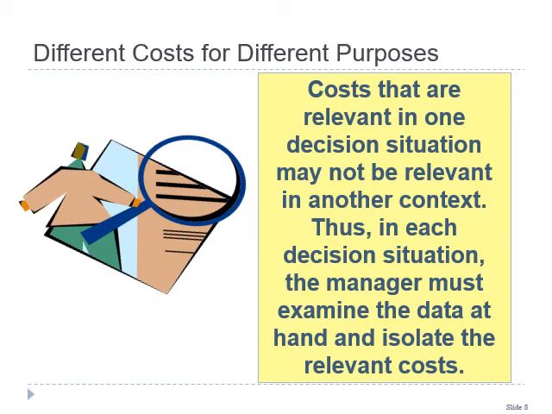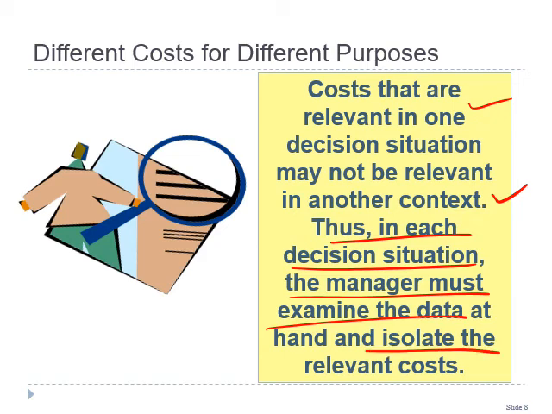So different costs for different purposes. Costs that are relevant in one situation may not be relevant in another context. Thus, in each decision situation, the manager must examine the data at hand and isolate the relevant cost.